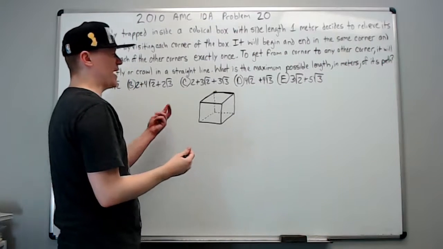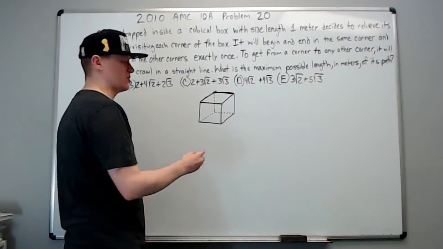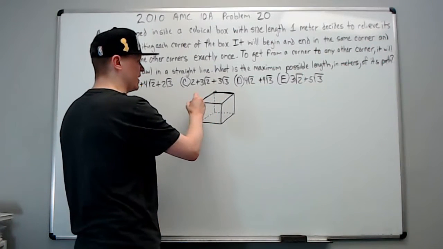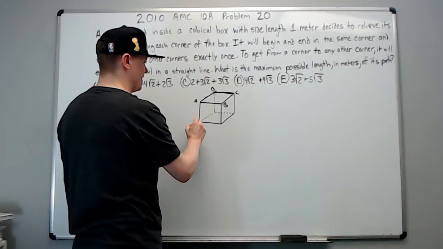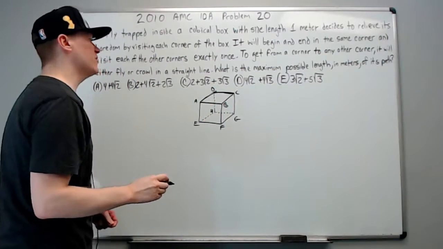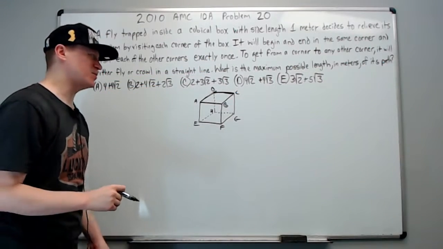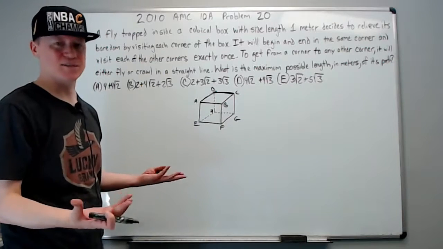Now because we have to visit vertices and we want to keep track of our path, we probably should label the vertices instead of just doing it randomly. So we'll call this A, B, C, D, E, F, G, H. Okay, so now how can we make the maximum possible length? Well, there's a couple concepts at play here.